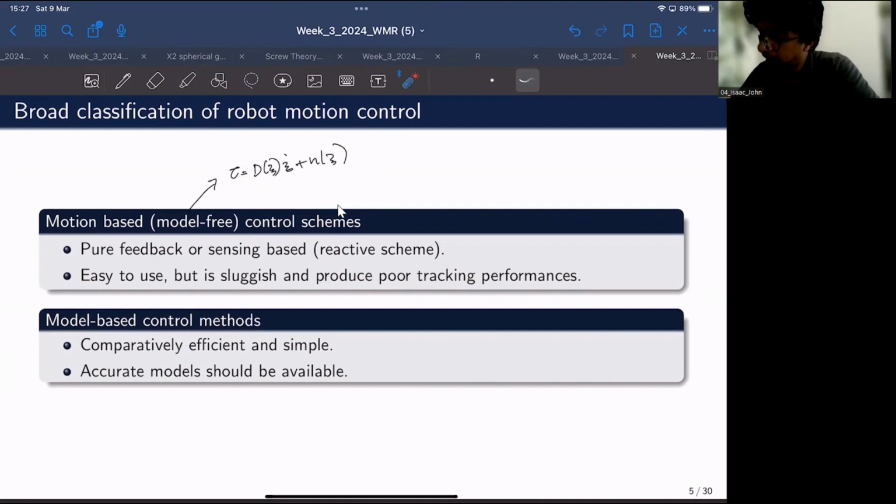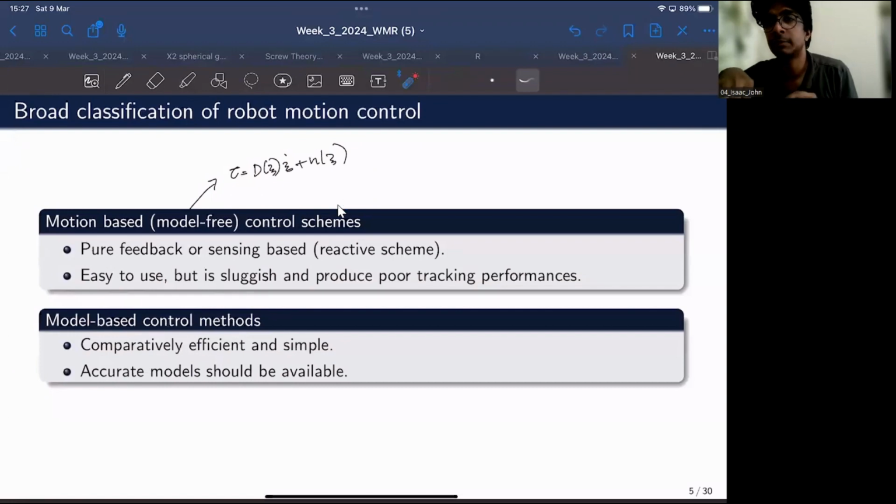And in the case of model-based control, it will have an approximate idea of how the robot would behave based on the model that we derive. And that is comparatively much more efficient and simple, because once you have derived this model, it will be very efficient to control a robot in real time. But the drawback is that you need to have an accurate model.